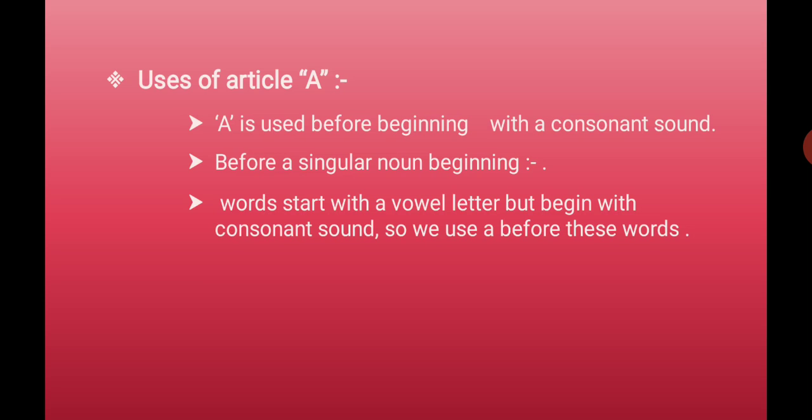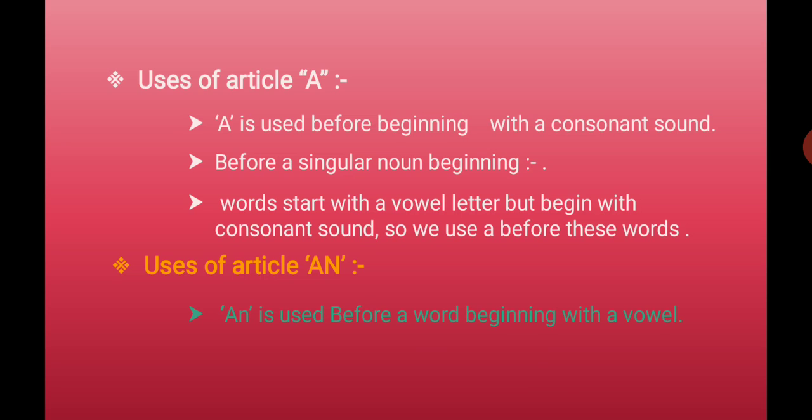Now we are moving on to the uses of article an. The first is a very basic rule. An is used before a word beginning with a vowel. As we know, there are 5 vowels: A, E, I, O, U. If any word begins with a vowel letter, then we will use an before it.